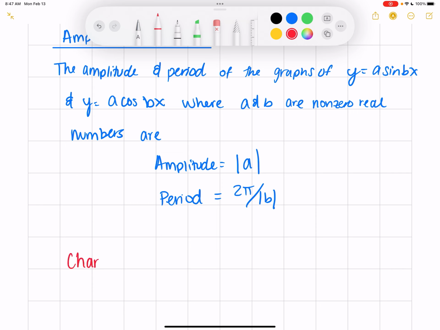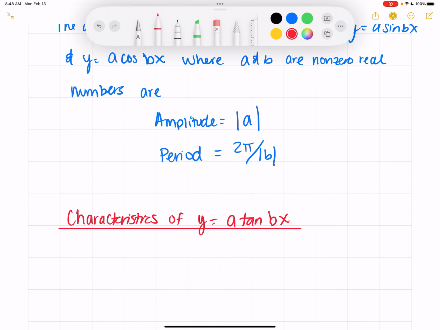So some characteristics of y equals a tangent of bx. With tangent, it doesn't have an amplitude, so we're going to be talking about the period and vertical asymptotes.